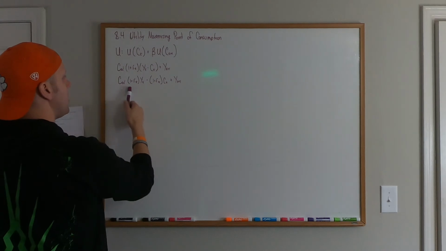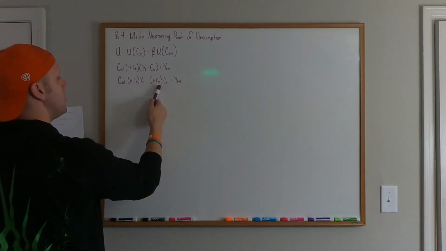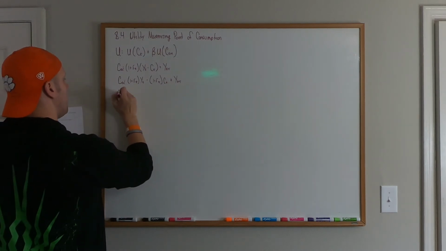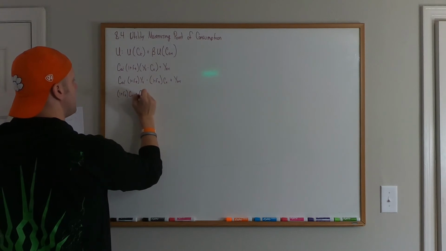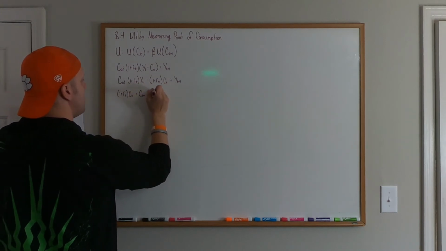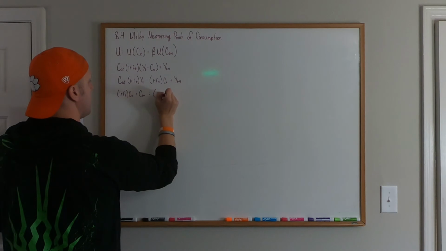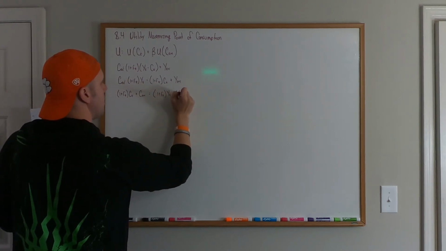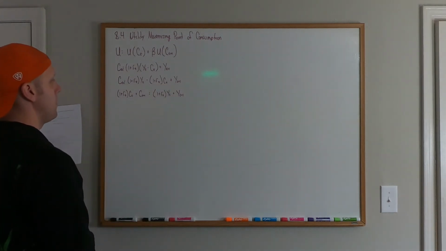So I get C_t+1 equals all this. If I move this (1 plus r_t) times C_t over here, I get (1 plus r_t) times C_t plus C_t+1 equals (1 plus r_t) Y_t plus Y_t+1.